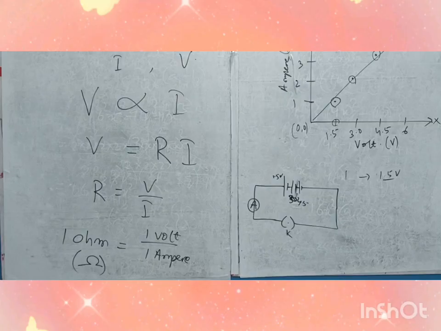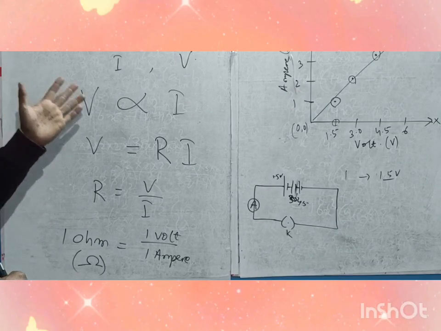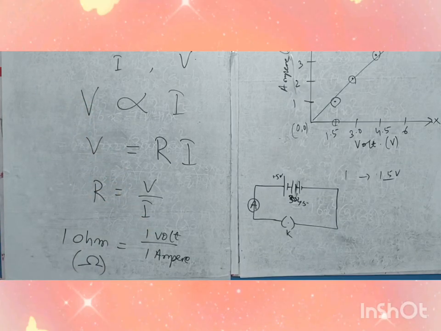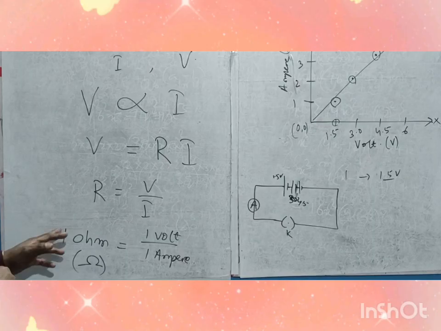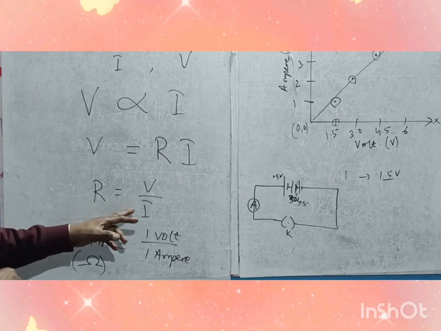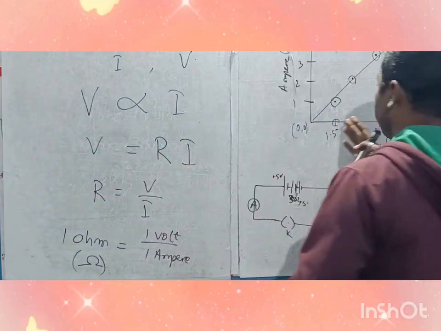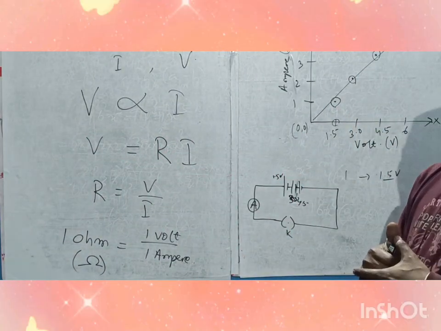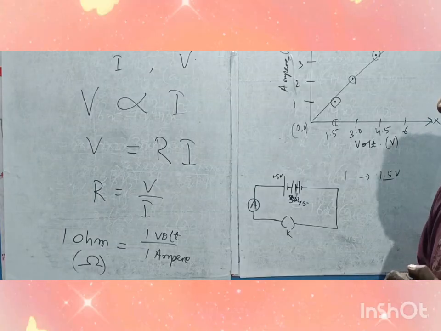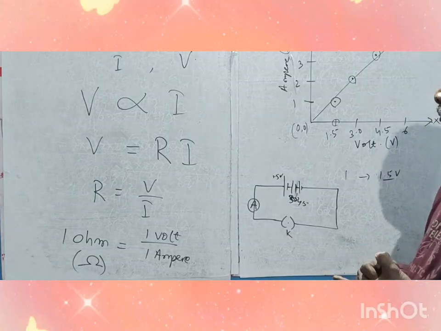So if a question comes, define Ohm's law and write its mathematical derivation, you have to write down the Ohm's law as it is in the book, without making any deviation, even a word, and you have to proceed in this way, writing some unit for it. Okay, and just do the diagram and write down all the things that I am speaking to you from time to time.